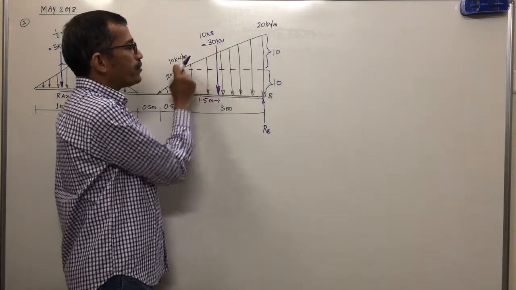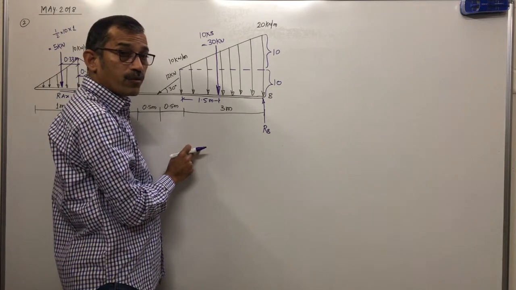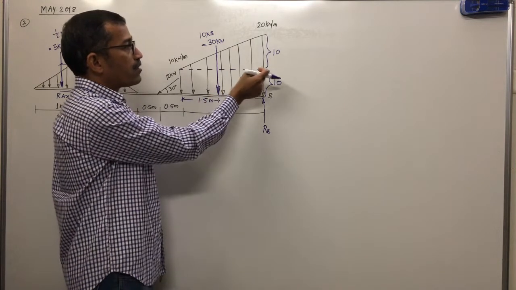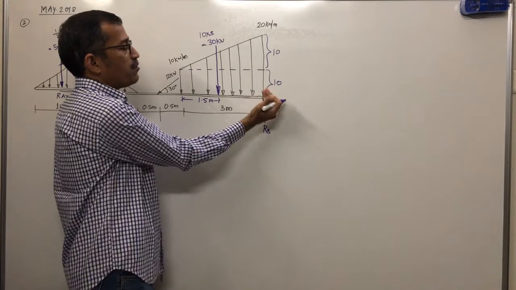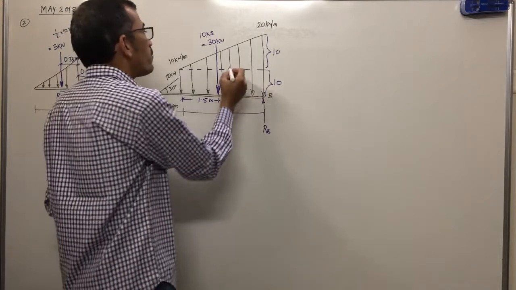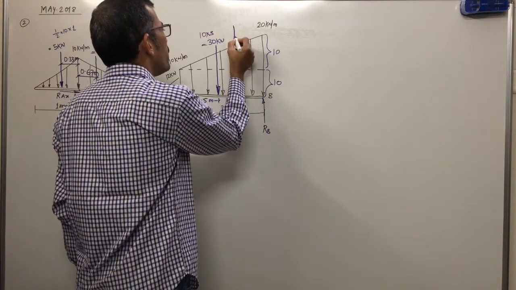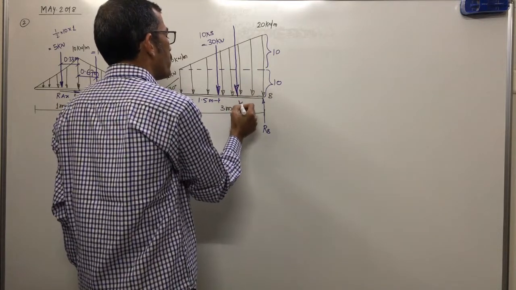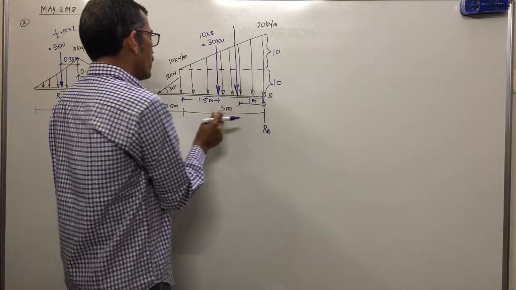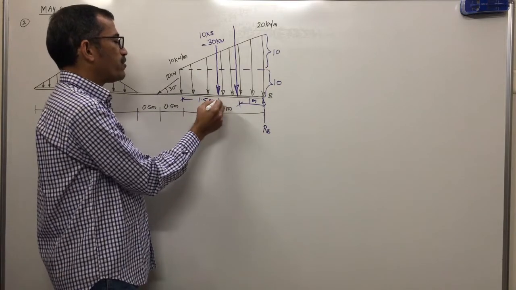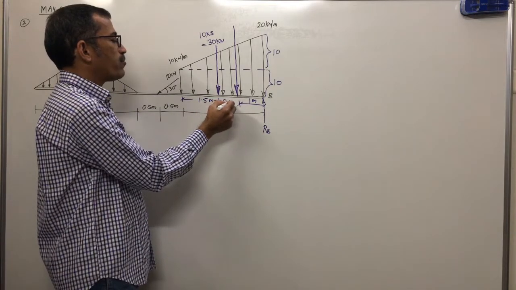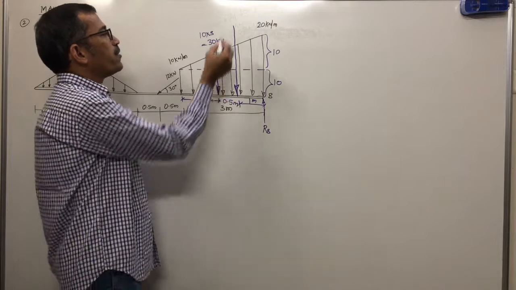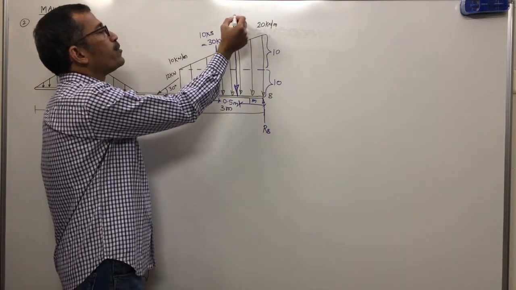UVL is remaining now. Where will we get the equivalent of UVL? 1/3 from the maximum load. Maximum load is at B. From B, 1/3 of 3 is 1 meter. So total 3, 1.5, 1, which means automatically this distance is 0.5 meter. Magnitude of load is WL by 2.